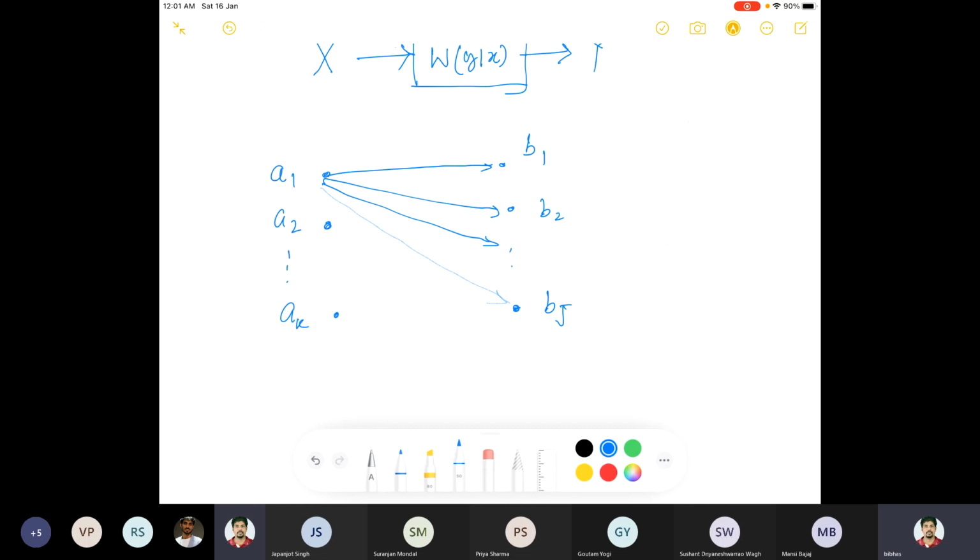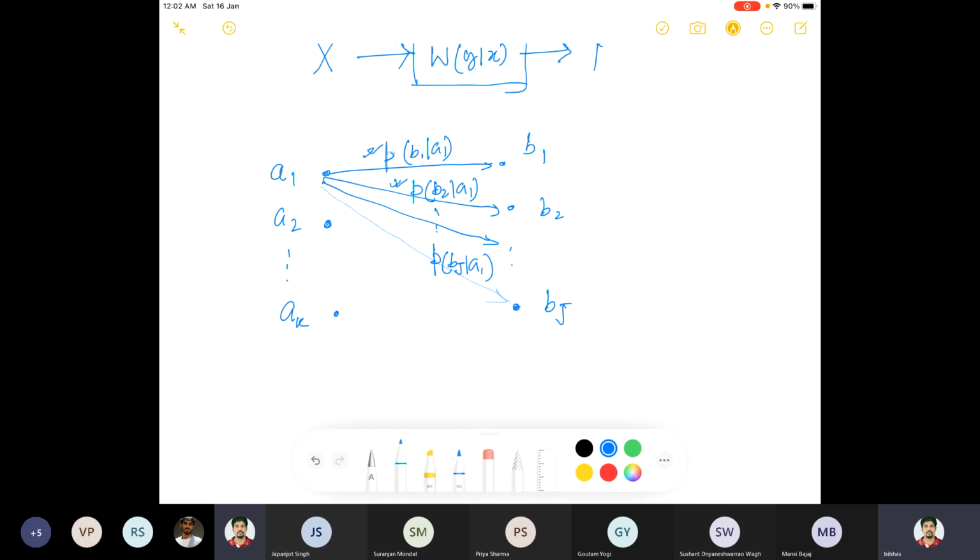So this is the probability to get B1 when A1 is sent, this is the probability to get B2 when A1 is sent, and so on. This is the probability of receiving BJ whenever A1 is sent. Since one of B1, B2, BJ must be received, and these are the corresponding probabilities, this will define a probability distribution on B1, B2, BJ.